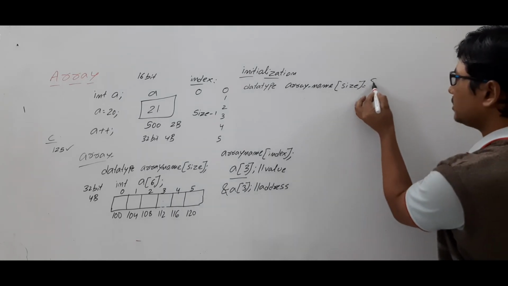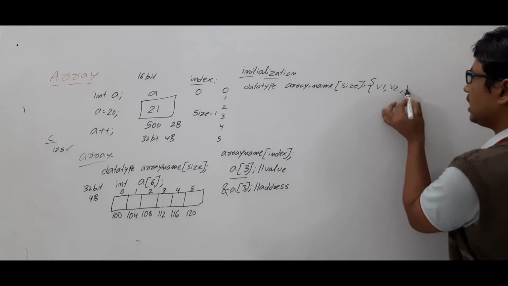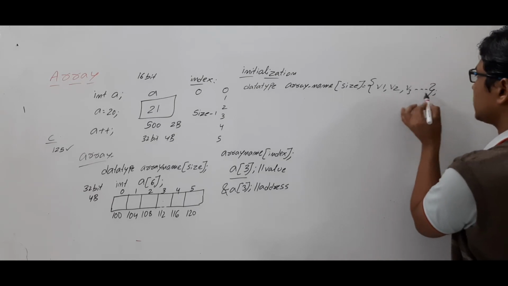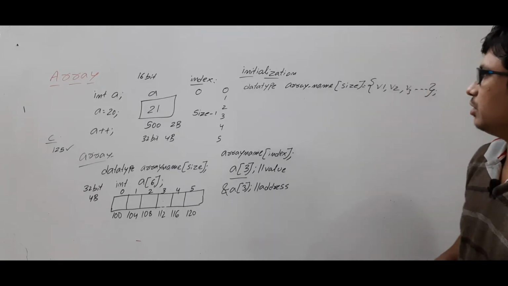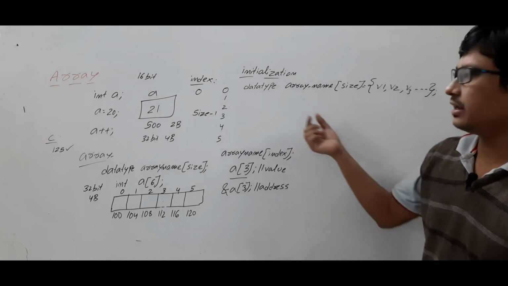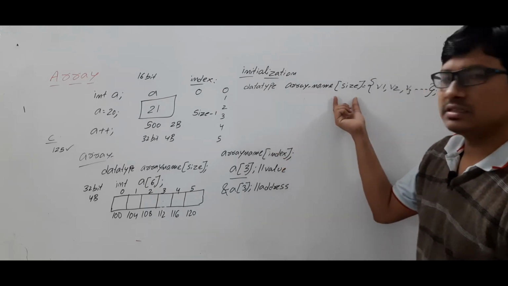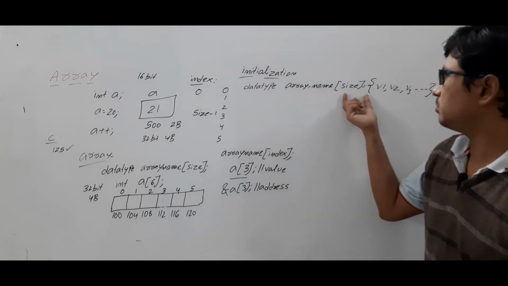Then open the curly braces. You can write value 1, value 2, value 3, and so on. Close the curly braces and end with a semicolon. So this is the generalized syntax of initializing any array. You have to specify the data type, array name, size. This size is optional. I will discuss that point.